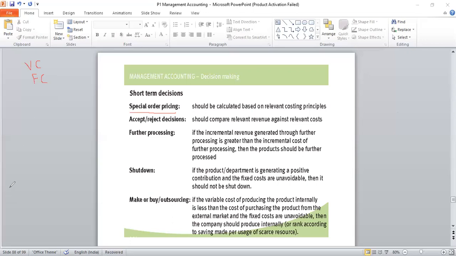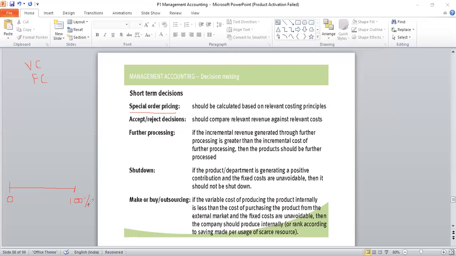Let's see that on a scale of capacity starting from 0 till 100% capacity. Just because capacity is available, businesses don't go in for operating at 100% capacity, producing all the goods and selling them.